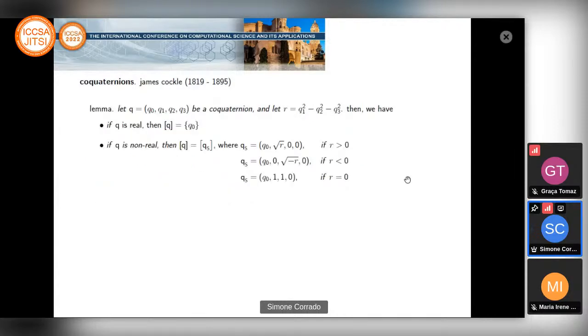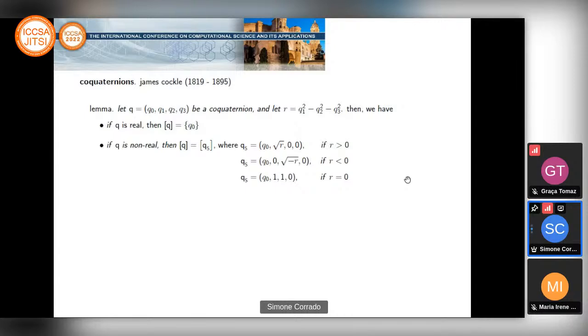Okay, next I have a result saying the following: if Q is a real coquaternion, then the similarity class is just the set of Q. Please remember that if Q is a real coquaternion, then Q is just equal to Q naught.